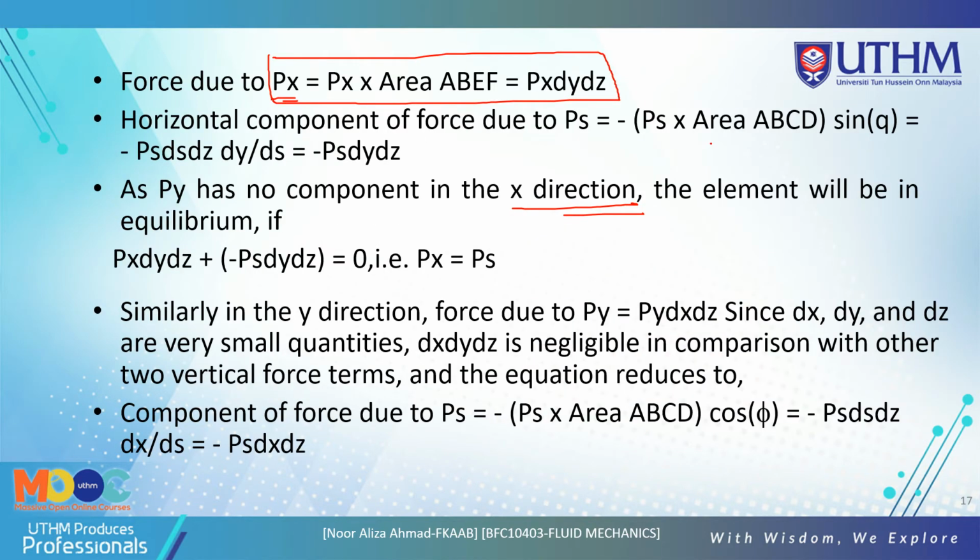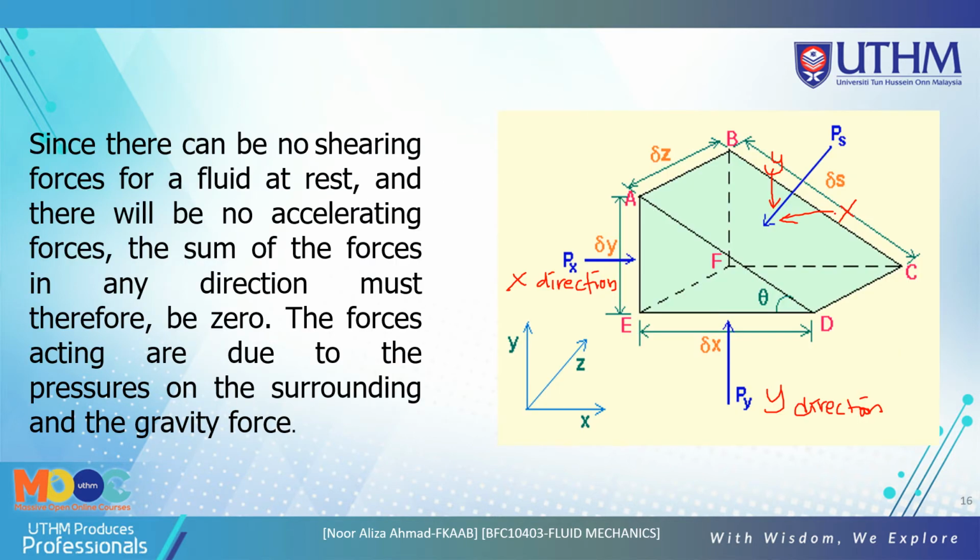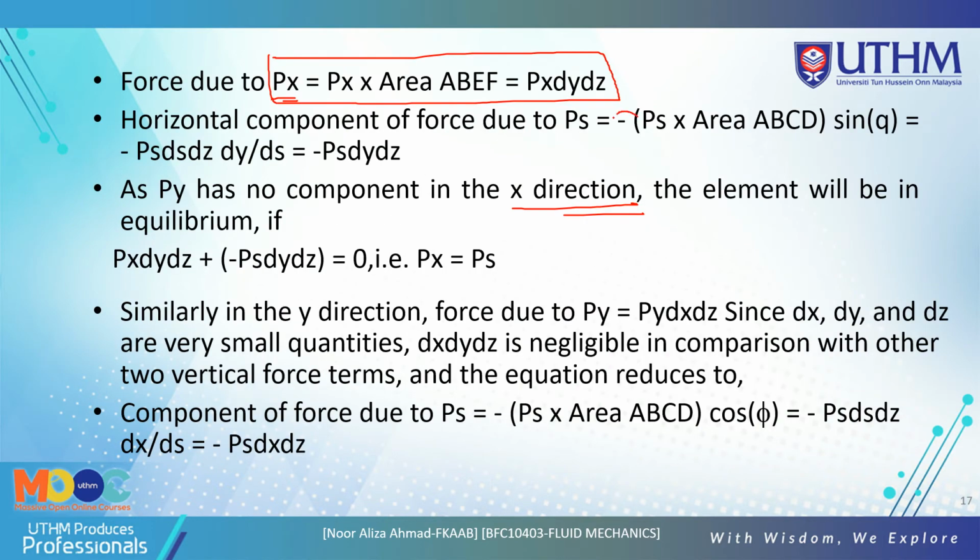So the horizontal component of force due to PS is negative, because the arrow of the x direction, the positive x direction, goes to the right side. Based on the blue arrow, the PS arrow goes to the left side, so we put the negative here.